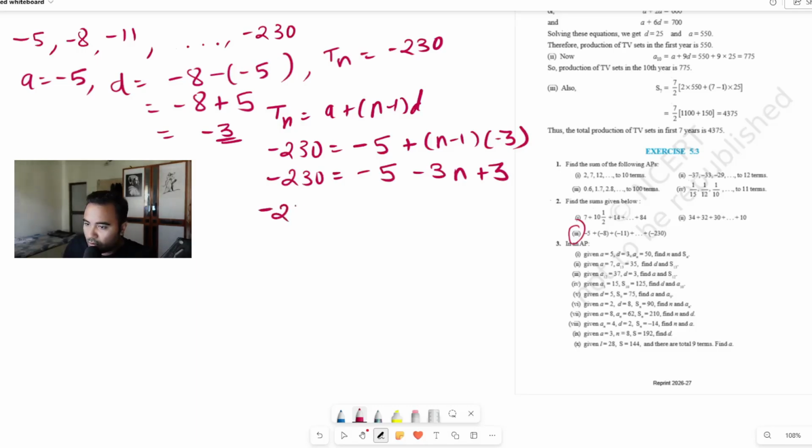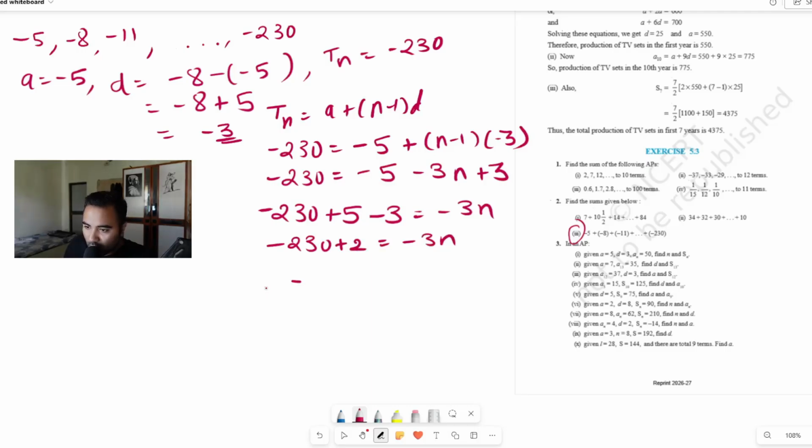So minus 230 plus 5 minus 3 is equal to minus 3n. Minus 230 plus 2 is equal to minus 3n.